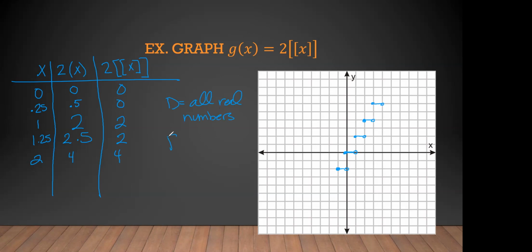For the range, these are the y values, and it's not every integer like -1, 0, 1, 2, 3. It's going to be -2, 0, 2, 4, 6. So it's all even integers.